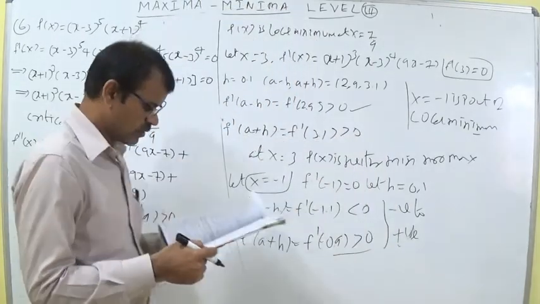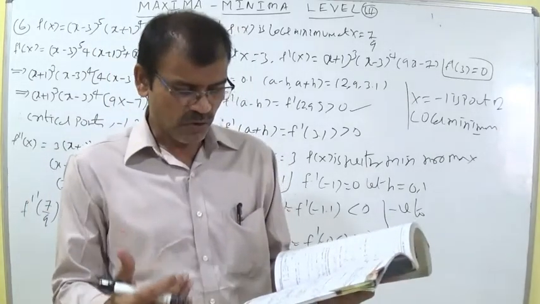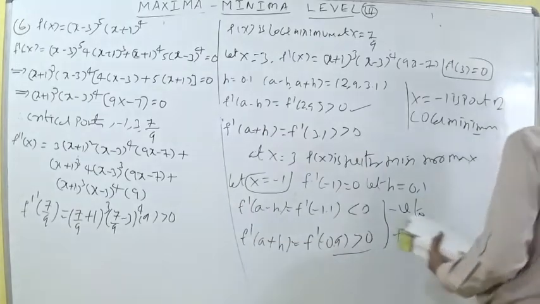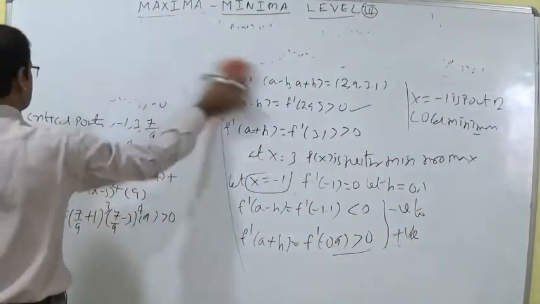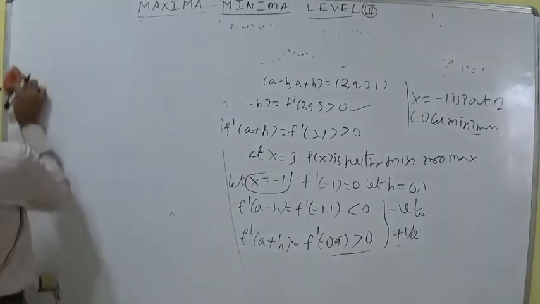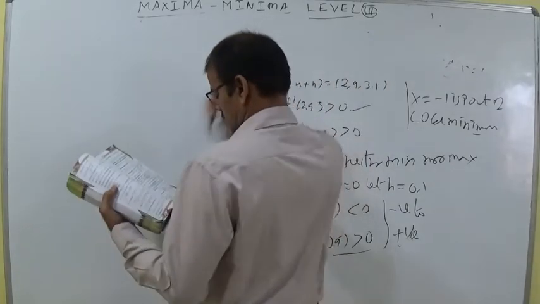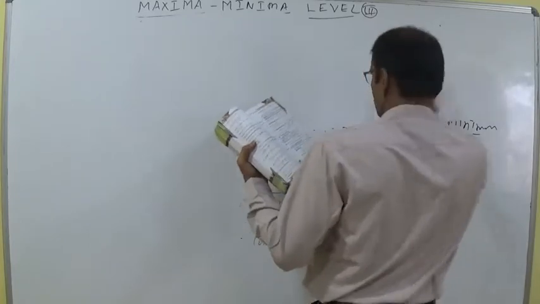Okay. Now let us discuss about the 8th question. That also is the same model only. Later I will say the 7th question. Let us discuss in a similar way the 8th question. F of x equal to x minus 2 into x power n is given.